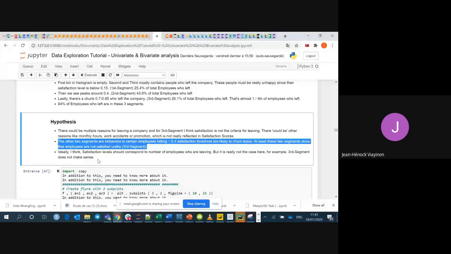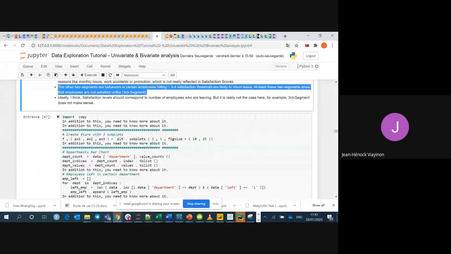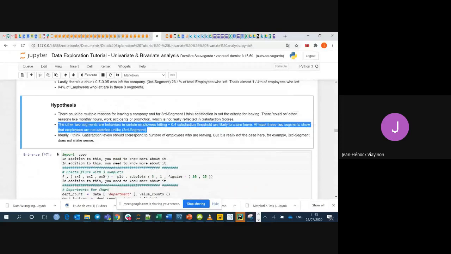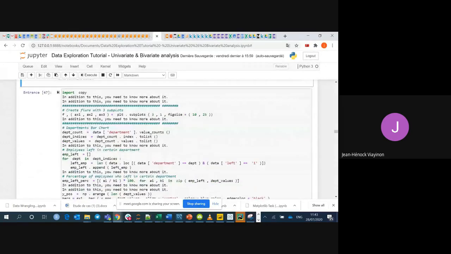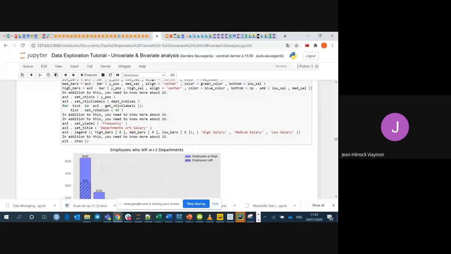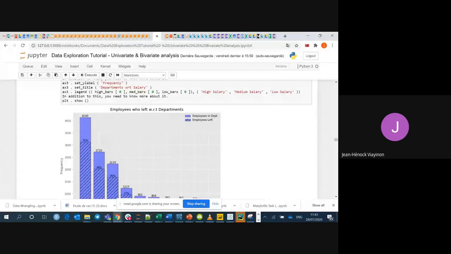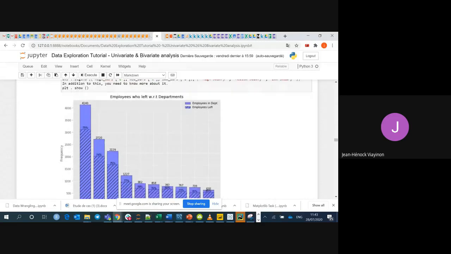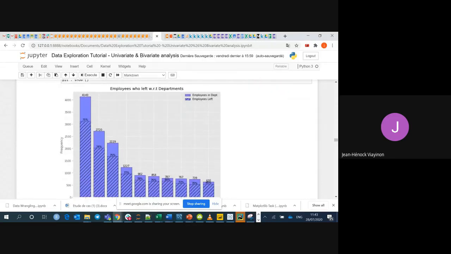So we start exploring in depth using these hypotheses, and then you will see that maybe the employees who leave the company are working in some particular department. Some department may be giving more pressure than other departments. Maybe it's because of that.